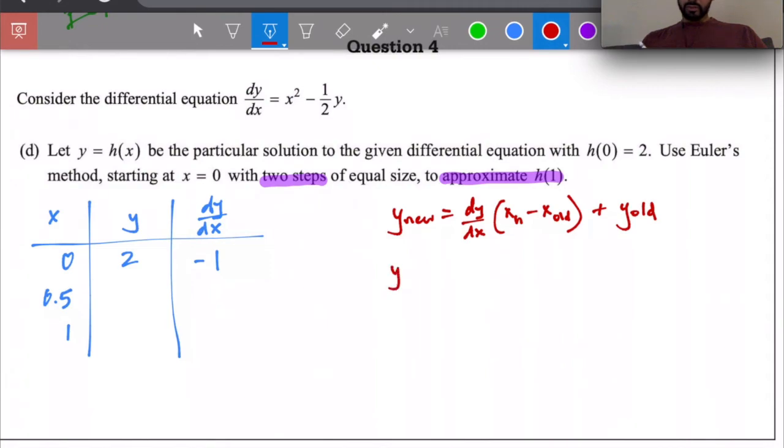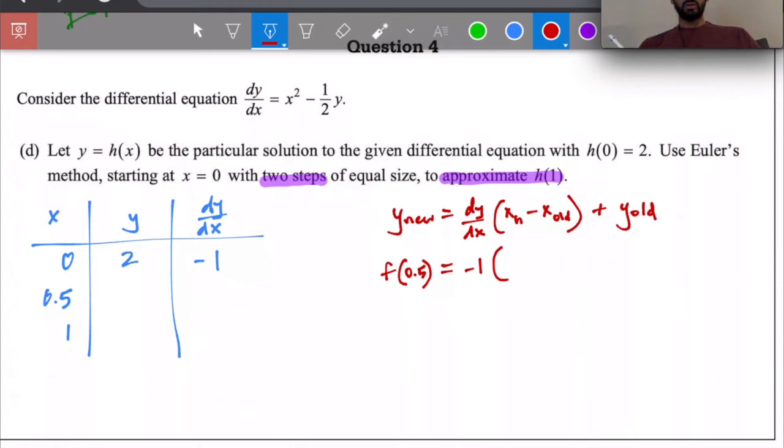So I'm going to have y new equal to, and actually I'm not going to put y new, I'm going to put f of 0.5 because I'm finding f of 0.5. That's the new y value. I'm going to have dy/dx, so negative 1.